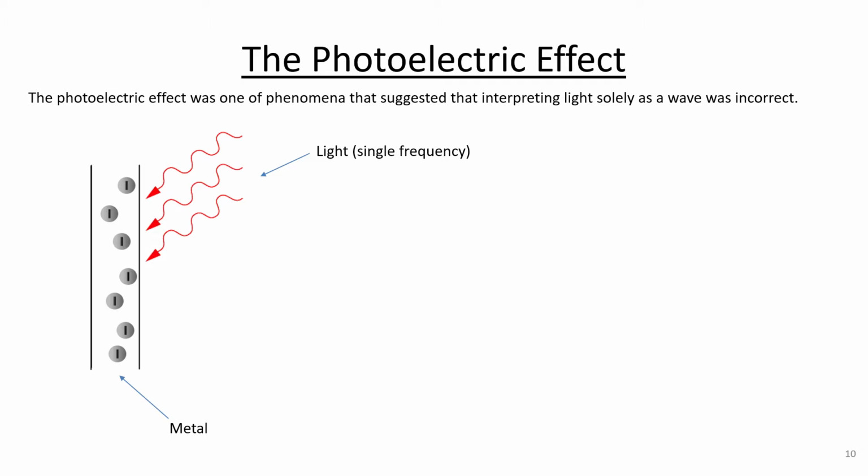And this effect, the photoelectric effect, just to give you a little context before we walk through it and why it gives the evidence that it does, is something that was observed right around the turn of the century, just into the 20th century.